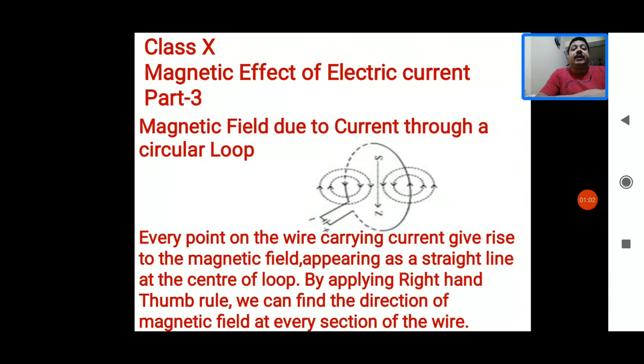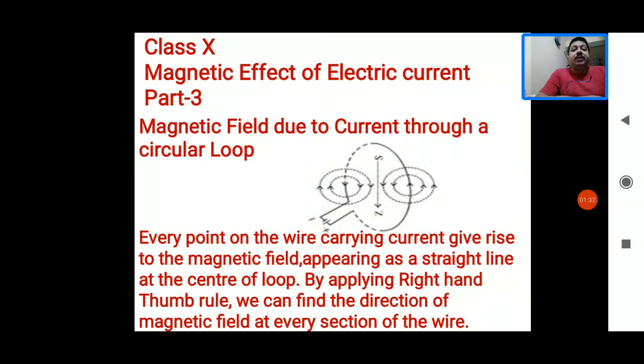It is denoted by capital B, and the magnitude of the magnetic field depends on two factors. One is the amount of current, so B is directly proportional to I. Means the magnitude of the magnetic field for the straight current carrying conductor depends on the amount of current.